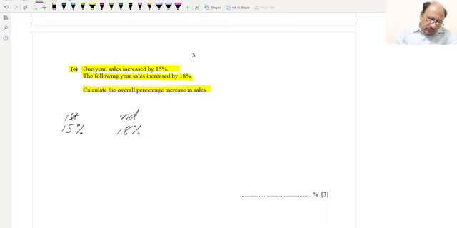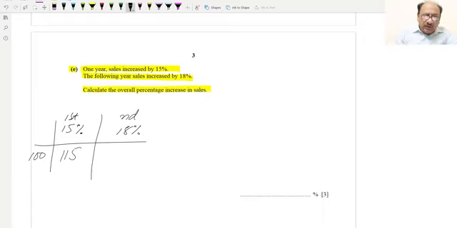Now if the original is 100, after an increment of 15%, this will become 115, and then the 18% will be an increment on 115. So we will calculate 18% of 115.